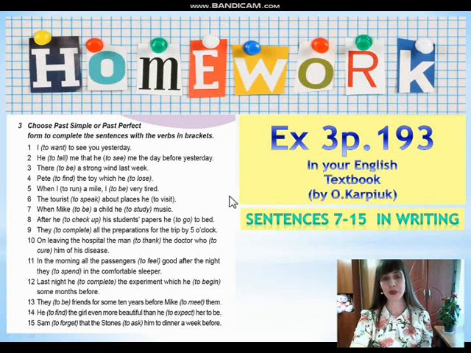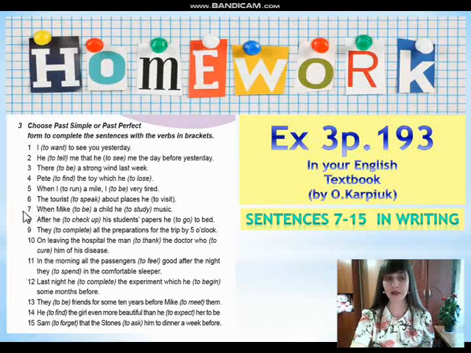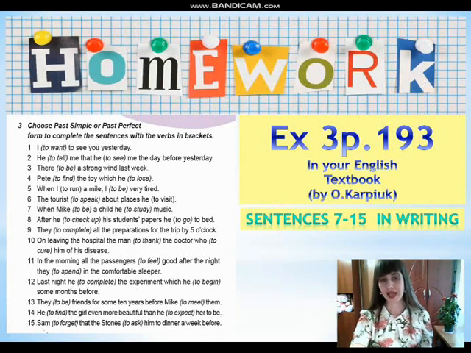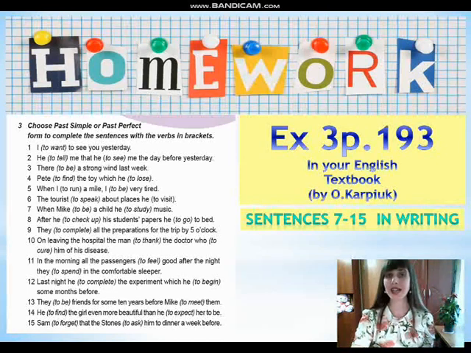Not all of them, because we have already done some sentences from this exercise. So from 7 to 15. Please do these sentences in writing and show this exercise to your English teacher.